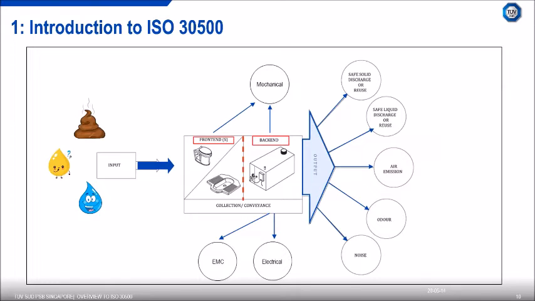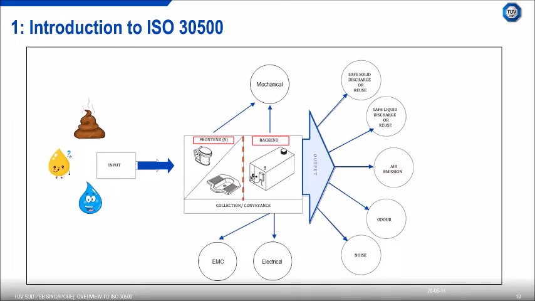So this slide that you're looking at can be found in the scope of the standard. It shows that the standard is for toilet technologies, front end and back end, for collection and the conveyance itself within the system. And this standard is quite a comprehensive standard.